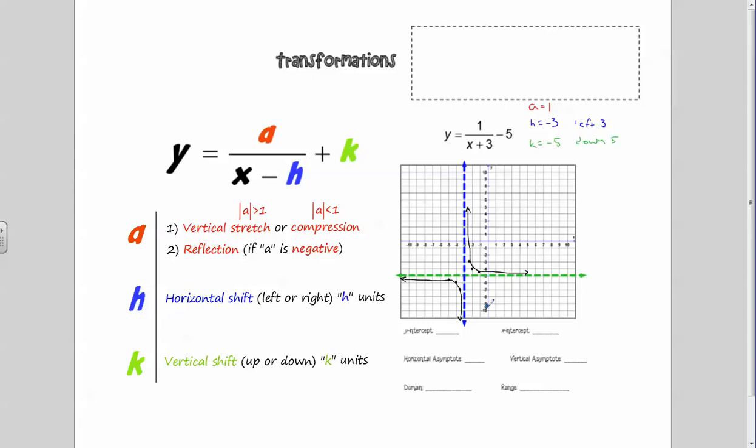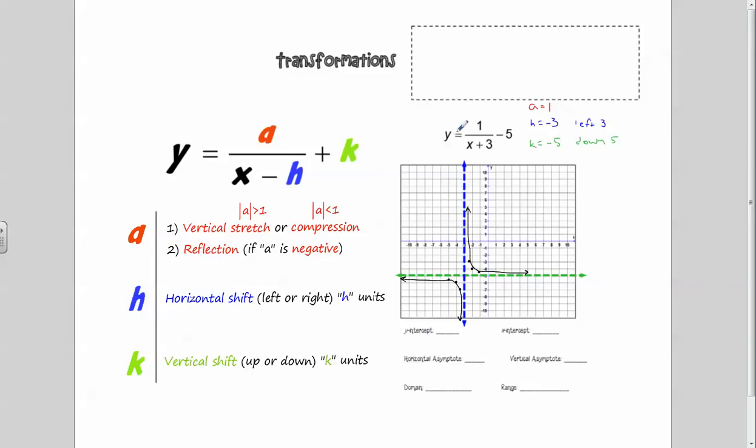So let's go ahead and fill out these values now. We've got our y-intercept. There actually is a y-intercept on this one. You can see the function crosses the y-axis right here. So how do we find the y-intercept? The key here is to remember that the x value is 0 at the y-axis.